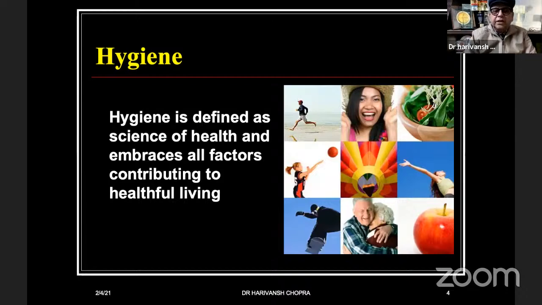Then, what is the definition of hygiene? Hygiene is defined as the science of health and embraces all factors contributing to healthful living. You will have to understand that we have different kinds of diseases in our country or in the universe.